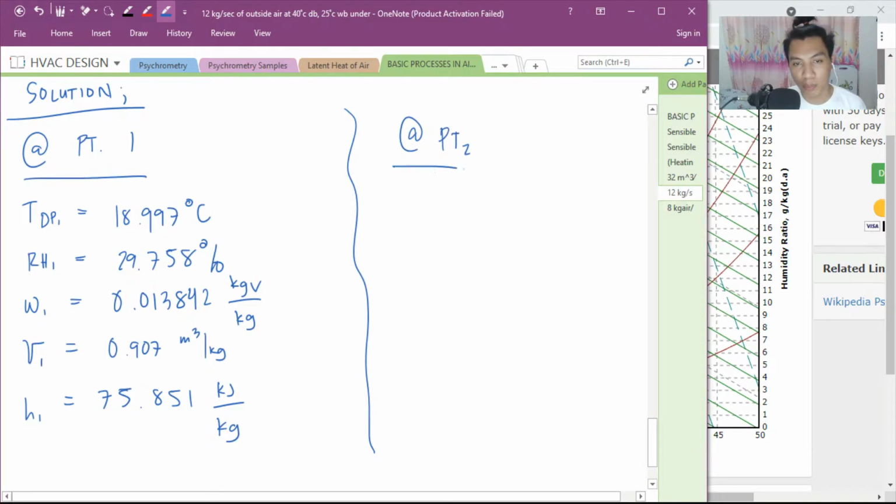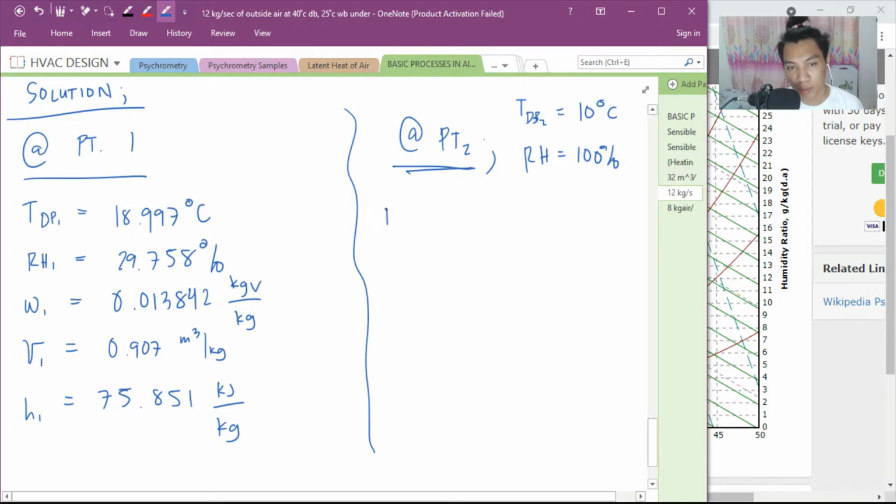At point 2, hanapin natin si dew point. Saturated yan. RH is 100%. So, tandaan nyo, temperature dry bulb 2 is 10 degrees Celsius. Ngayon, pag sinabing saturated, RH mo is 100%.